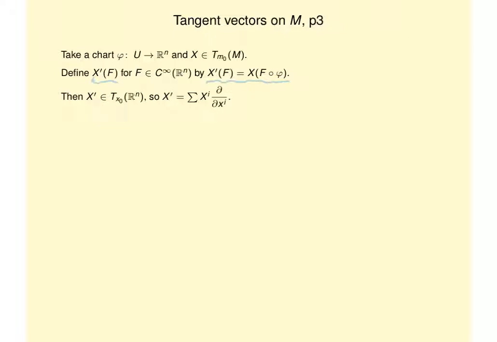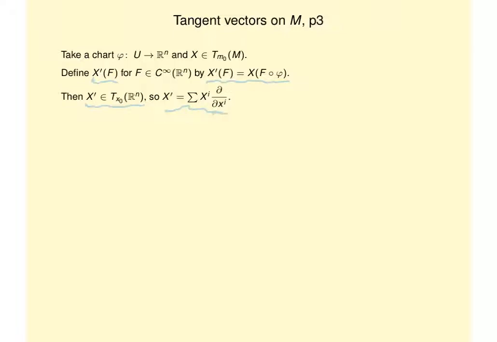So X prime of f is defined for f a smooth function on Rn, and it's defined in terms of the effect of X on smooth functions on M. So again, it's an immediate check that X prime really is a tangent vector, and so by what we did in the previous podcast, it's a sum of n terms, where n is the dimension of the manifold, constants times the partial derivatives with respect to the coordinate functions.